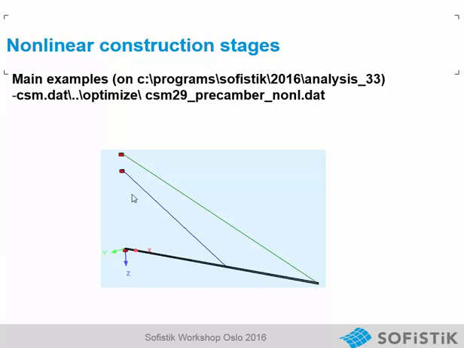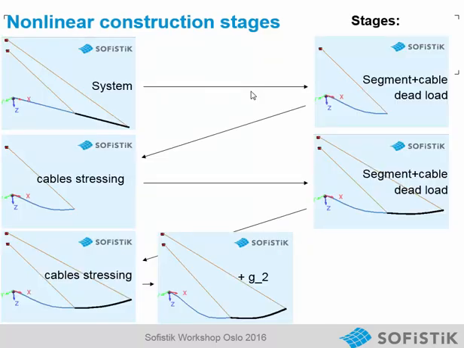If we have cables with cable sagging, we have nonlinear effects, and we can also optimize this with CSM. CSM 29 is a good example for this. We start with a system. In the first stage we activate the first element and the first cable, only dead load.